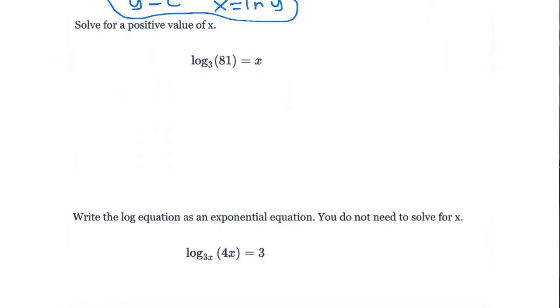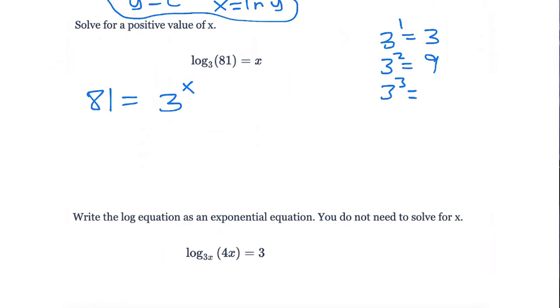But another way of logically thinking about this is if I write this equation in an exponential form, then 81 would have to equal 3 to some power. And now I just got to figure out what that power is. You know, 3 to the first is 3. 3 to the second is 9. 3 to the third is 27. 3 to the fourth is 81.